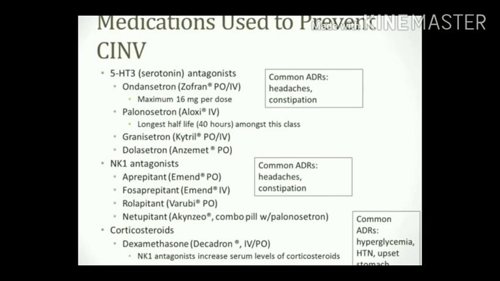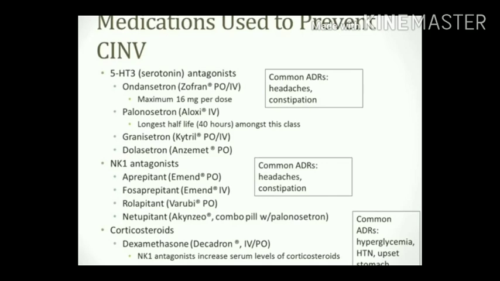First, for the 5-HT3 receptors we use serotonin antagonists, drugs such as ondansetron, maximum 16 mg per dose, and palonosetron, which has the longest half-life of about 40 hours, and granisetron and dolasetron.